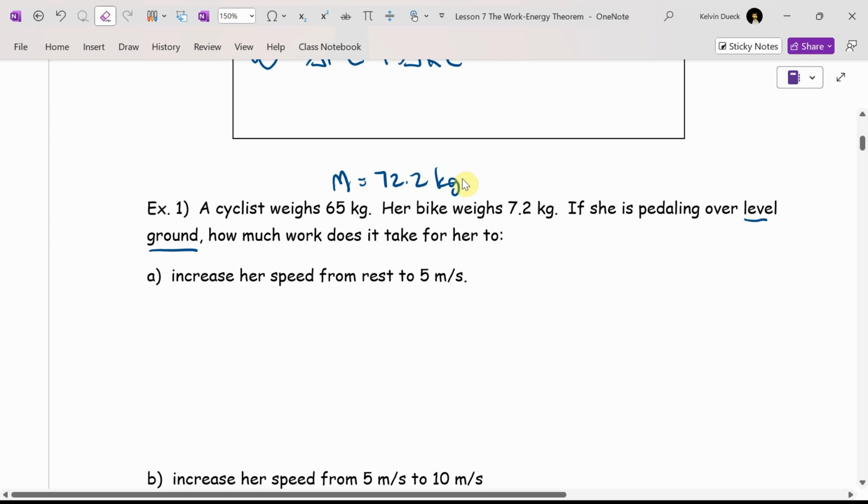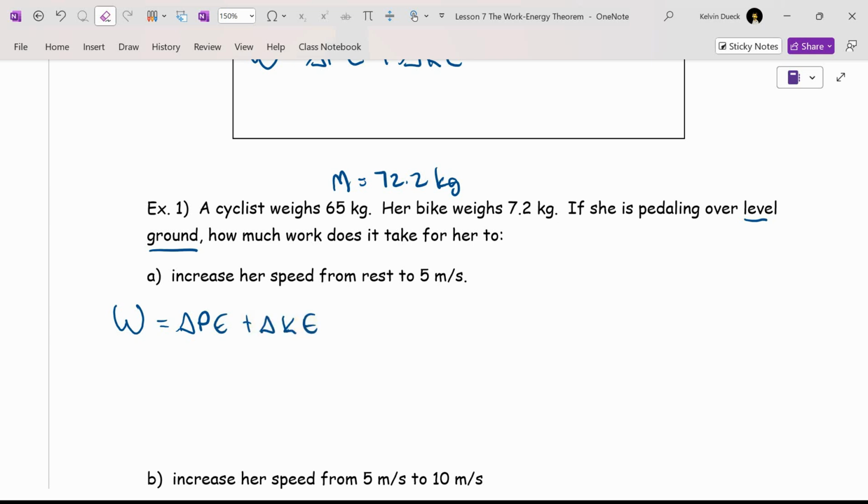Now I would move to the work energy theorem. I would say work equals the change in potential plus the change in kinetic. And then I would ask, are any of these zeros? What 2 words did I underline?